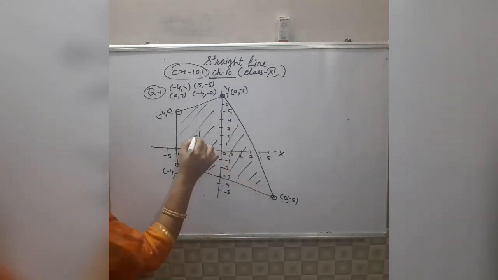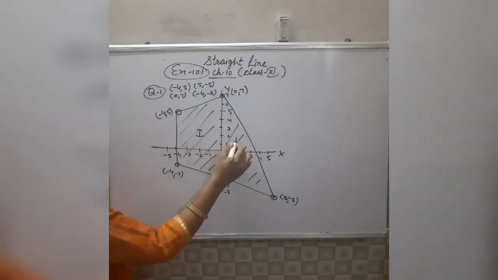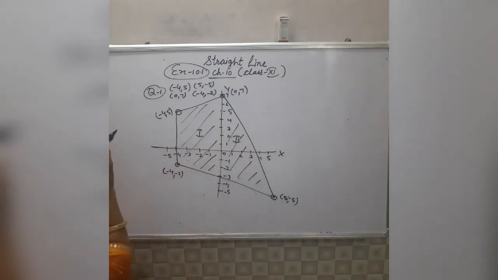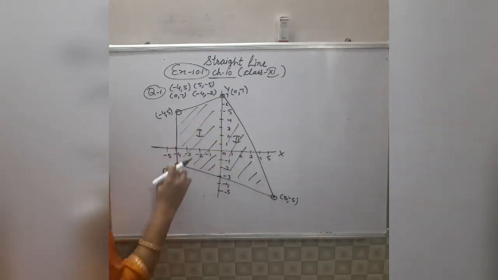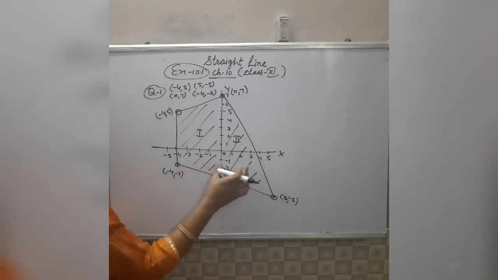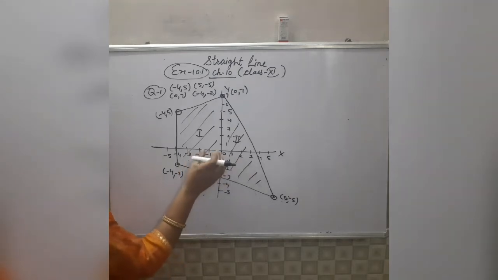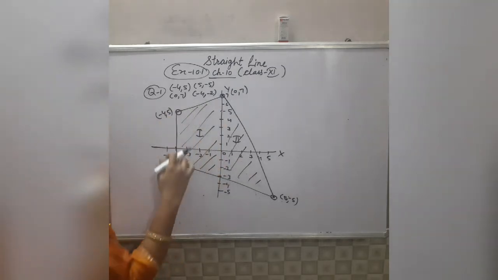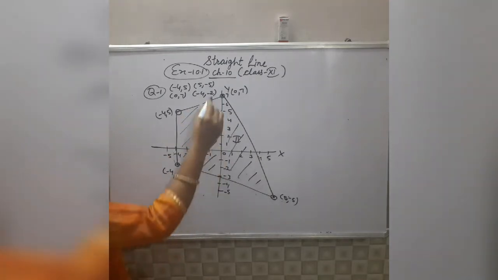This parallelogram is, let us suppose, region 1. This triangle is suppose region 2. For finding the area of this complete quadrilateral, separately we will find out the area of region 1 and region 2. After that add these two and it gives you area of complete quadrilateral. So firstly, how will you find out area of region 1?